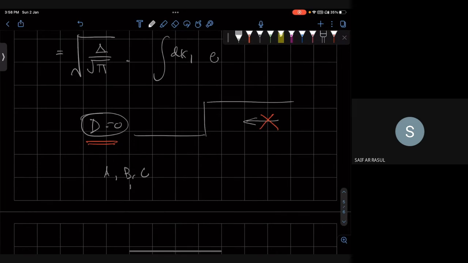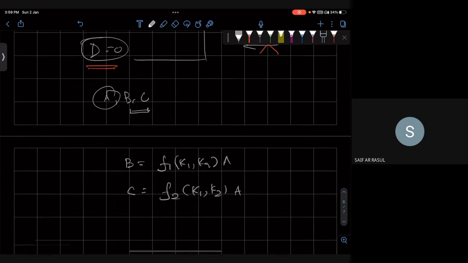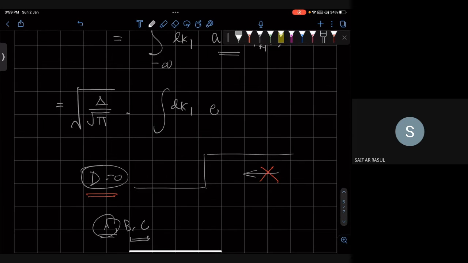So then we had leftover A, B, and C, and we expressed B and C in terms of A. So B was some function of k's times A, and C was some other function of A. So A can be chosen arbitrarily because the overall normalization is something that is up to us.